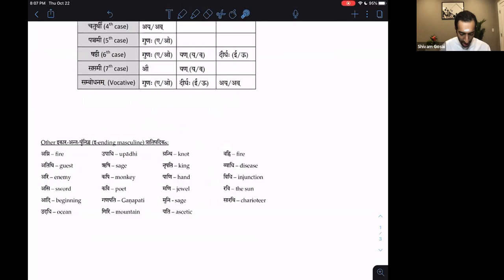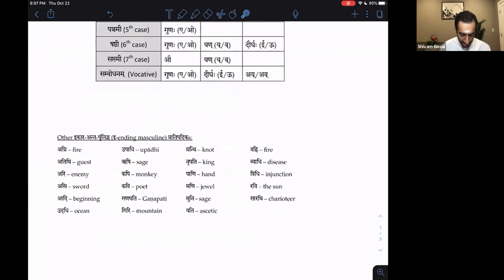These are very common words we see in Sanskrit: Agni, Ūrmi, Granthi, Vahni, Atithi. These are good to know as well. Look through these, become more familiar, and go through them all.